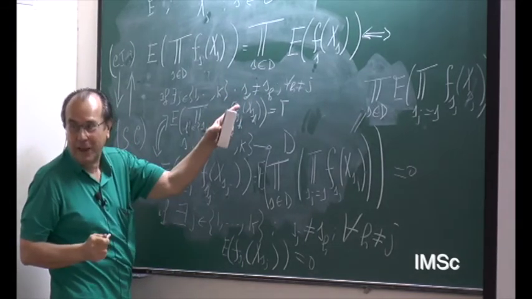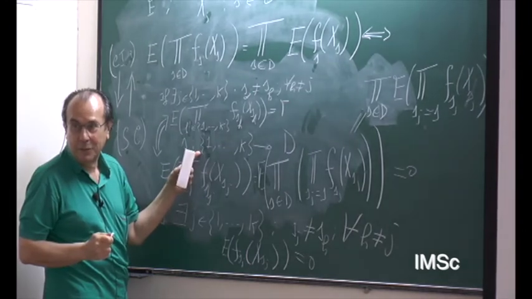The singleton is j, and h is a dummy index in this product.